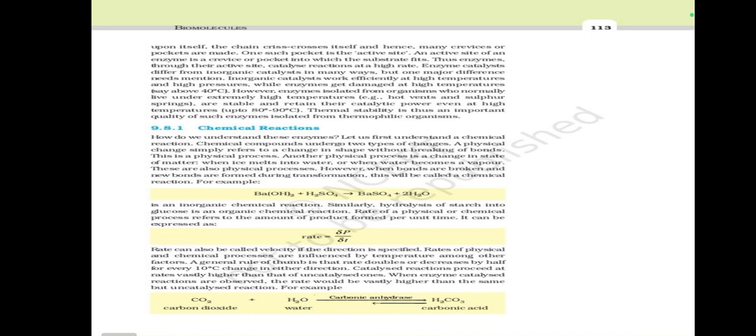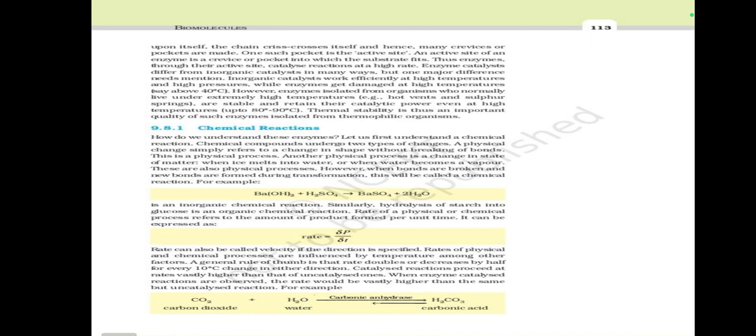However, enzymes isolated from organisms who normally live under extremely high temperatures, for example in hot vents and sulfur springs, are stable and retain their catalytic power even at high temperatures up to 80 to 90 degrees Celsius. Thermal stability is thus an important quality of such enzymes isolated from thermophilic organisms.